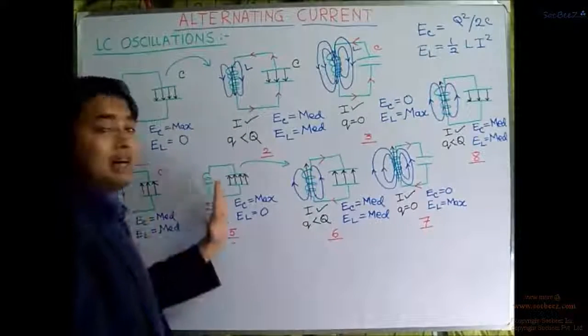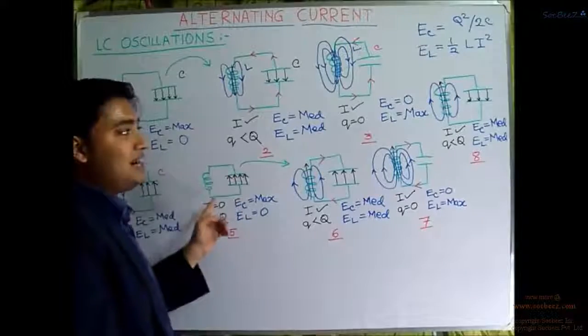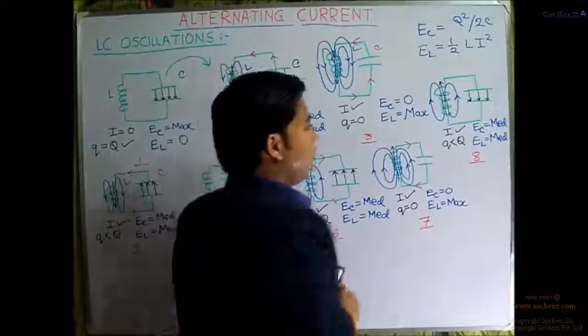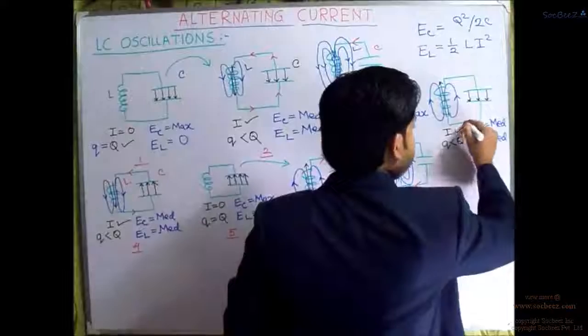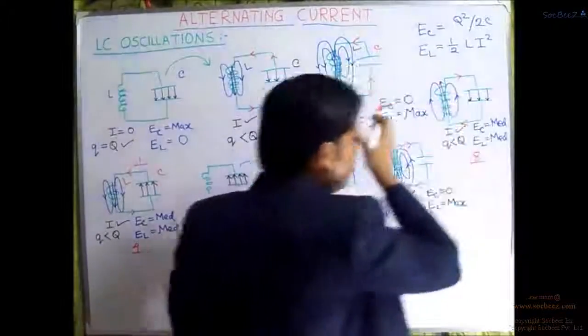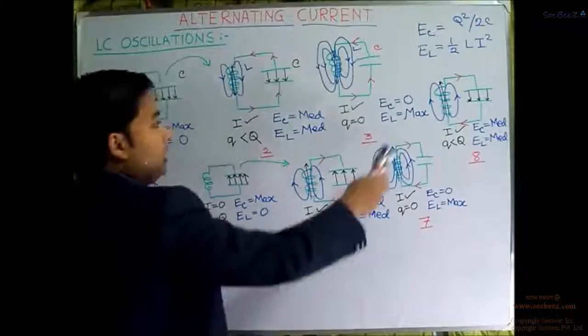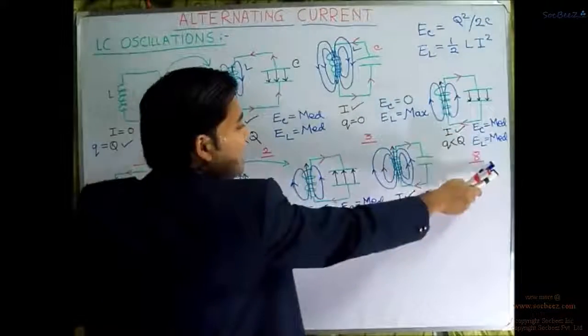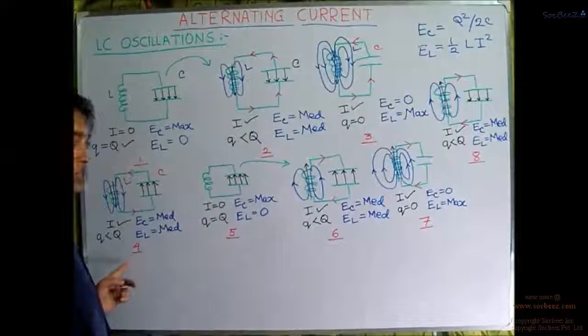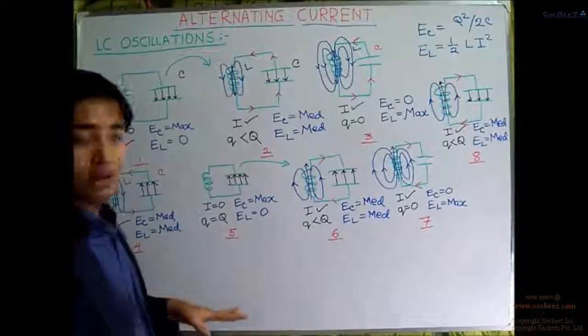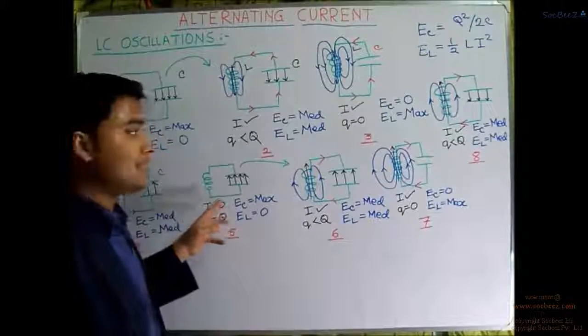And after that it has shifted such that there is no current. Obviously, over here there is current going in this direction. So if the 8th scenario is analogous to the 4th scenario, obviously the 9th will look somewhat like this.